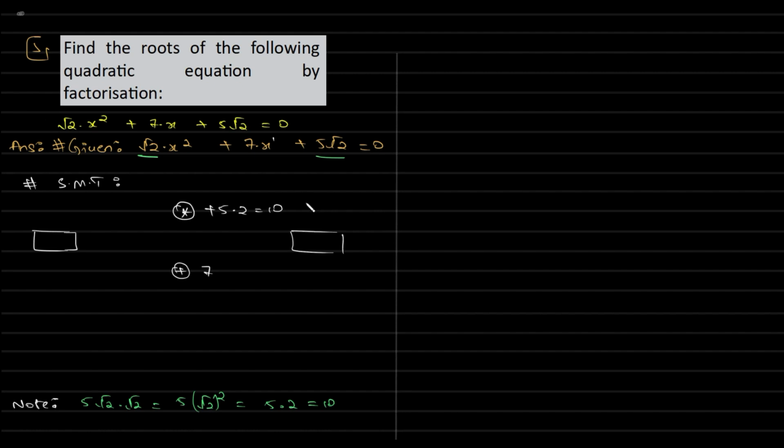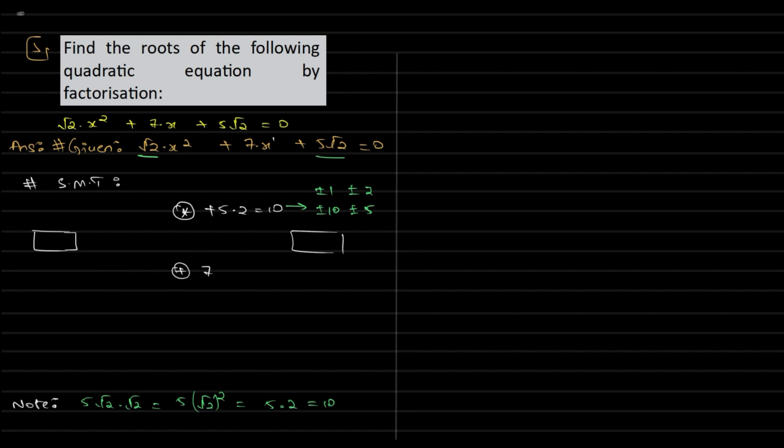So once you do this, write the factors of 10: plus or minus 1, plus or minus 2, plus or minus 10. Always write them in pairs. 1 and 10 is 10, 2 and 5 is 10.